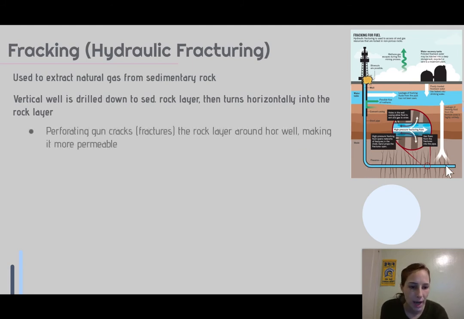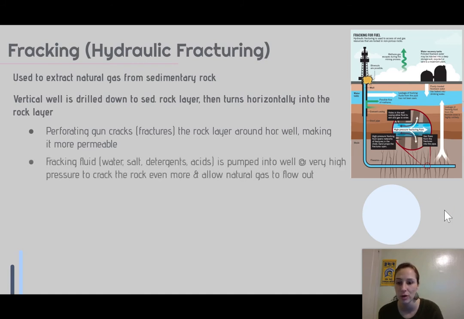And down here at this area where it's going to be horizontal, you're going to have little cracks that are going to form around that horizontal well, which is going to make it more permeable so you can get things out of it.